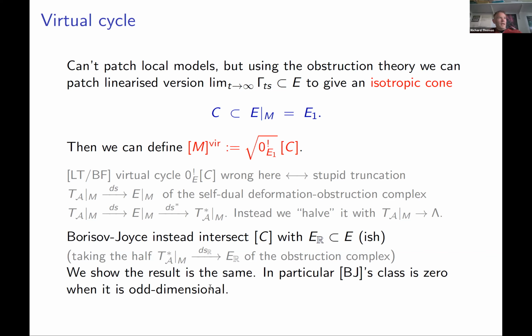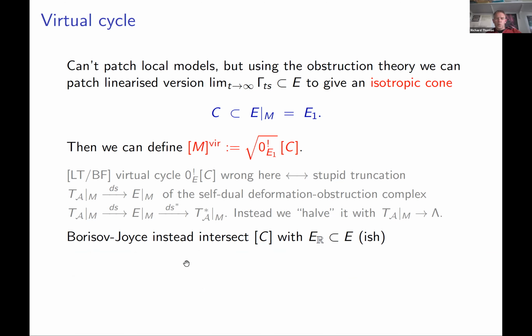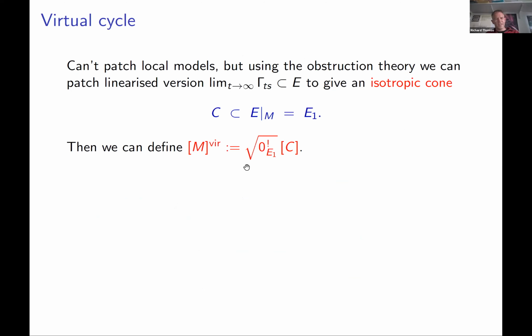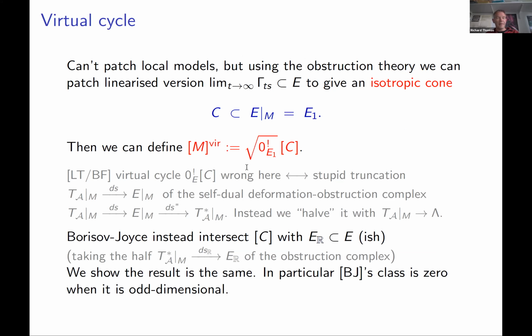And Pridham has a way of defining this virtual cycle. He can't do it in general yet, but he has a way of doing it when you have this fantasy model that I wrote down here. He has a way of defining the virtual cycle using quantization. It all sounds very similar to what you just said, but I'm not good enough with this fancy language to answer your question.